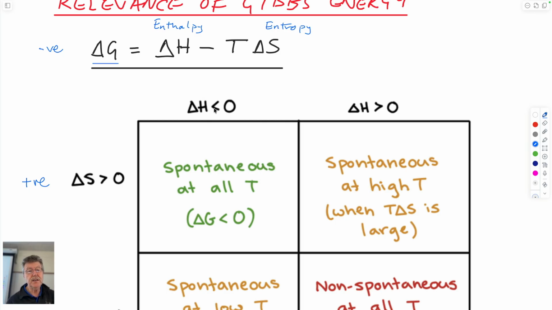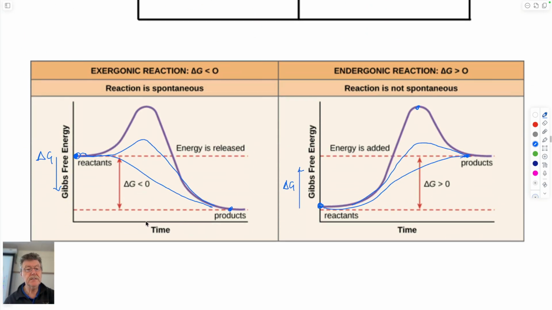If delta H, the change in enthalpy, is less than 0, then this would be a negative change, and this would be positive. And the reason for writing it this way is that if this is negative and this is positive, this will always be negative. So this would be the case where we spontaneously go from here to here without having to go through this edge. It's guaranteed that we can go directly to these.